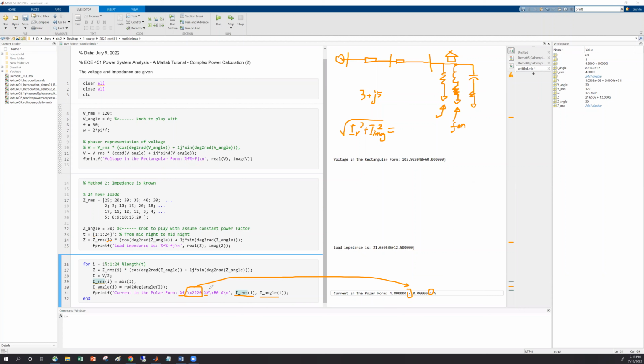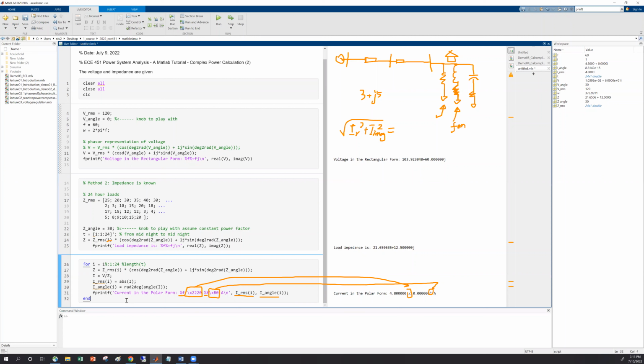And then \xb0 is the Unicode for degree. So if you want to print out some special symbols, you can go online and check the Unicode of the symbol, then put it in this printf format, and it can be printed out. This is very good for printing out results. Okay, close that. So after we do that, we can compute the I value.